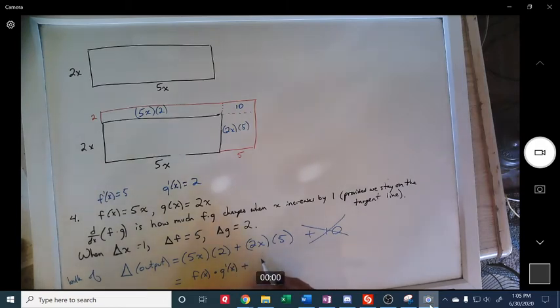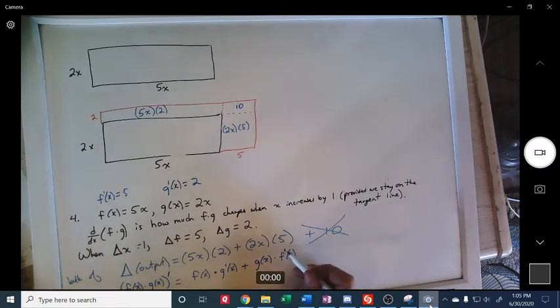And this was g of x, and this was f prime of x. And the change in the output is, that's the output. How much that's changing is its derivative.